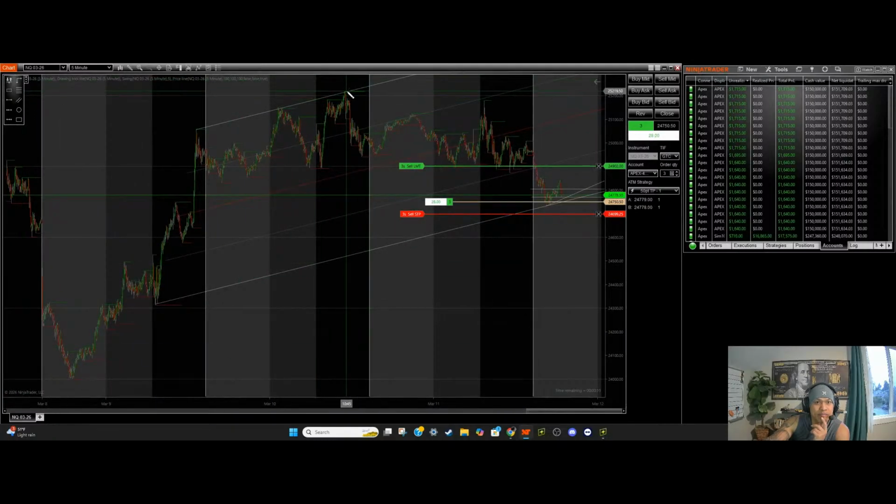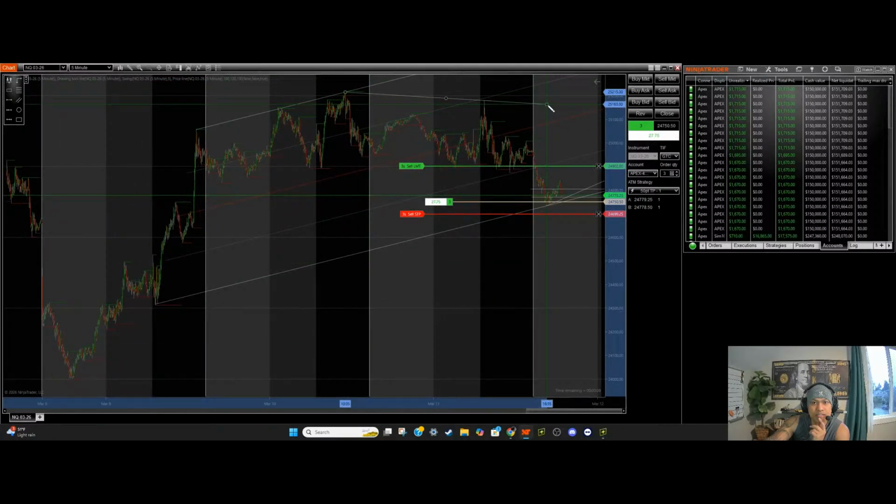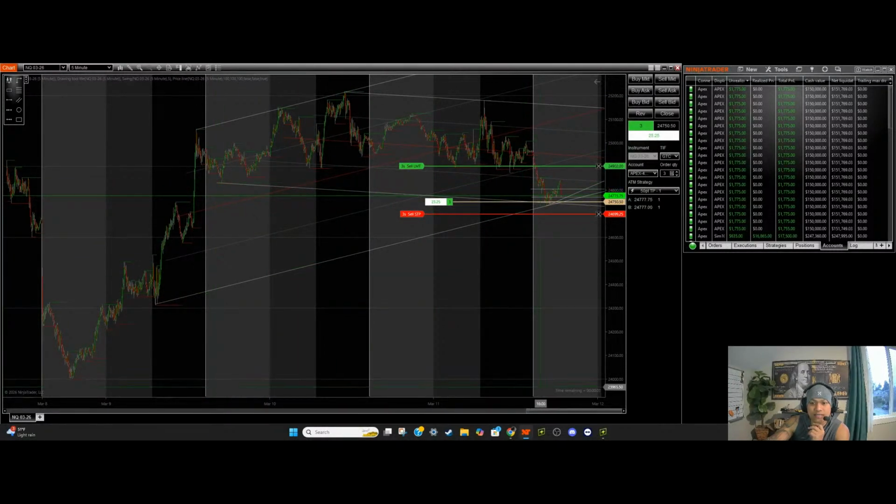The other pivot point was this. Did we touch? Oh yeah, we did. Look at that. Ignoring this guy, it touched that trend channel and then immediately reacted, which is a super reaction.